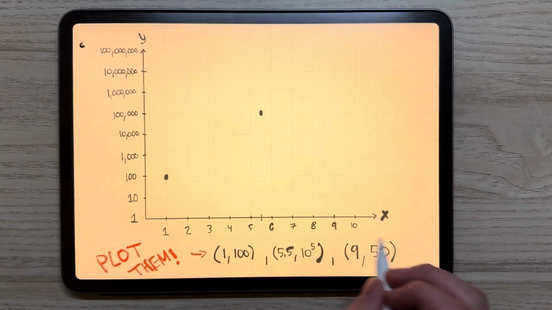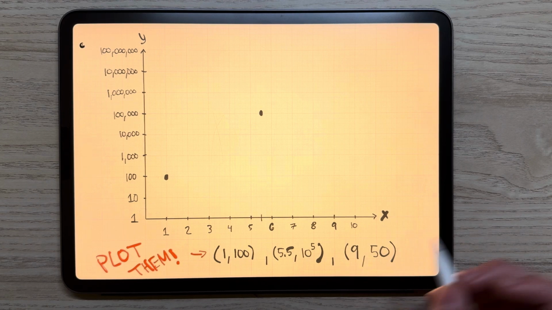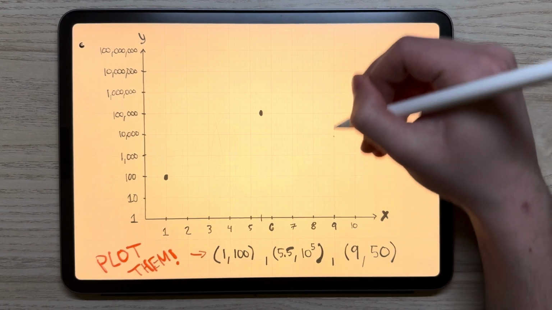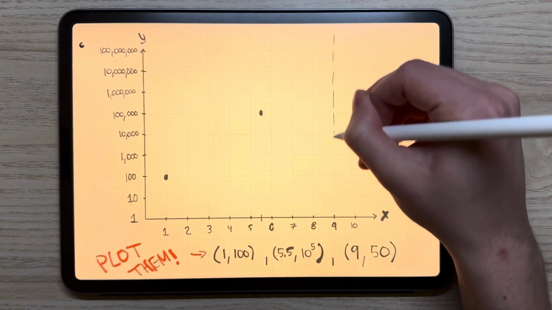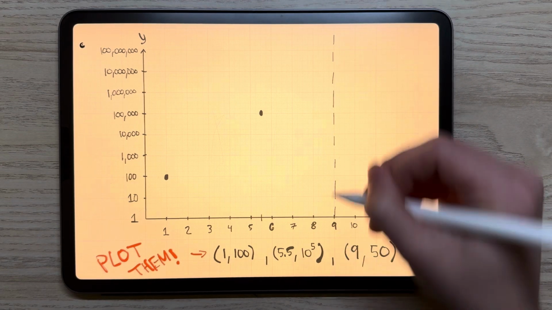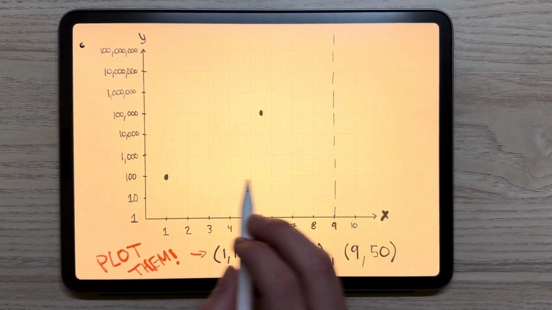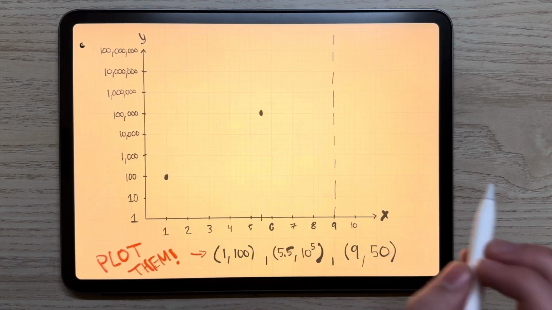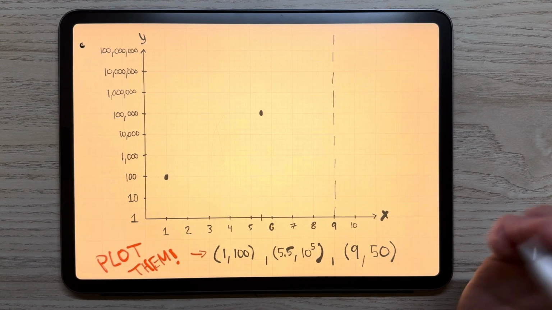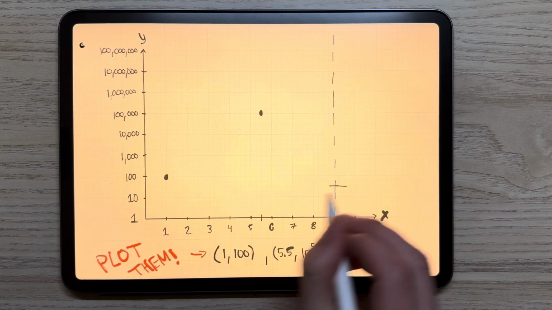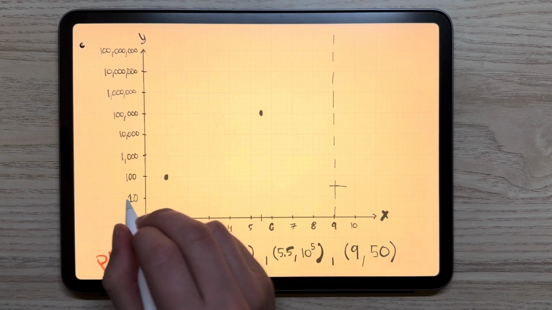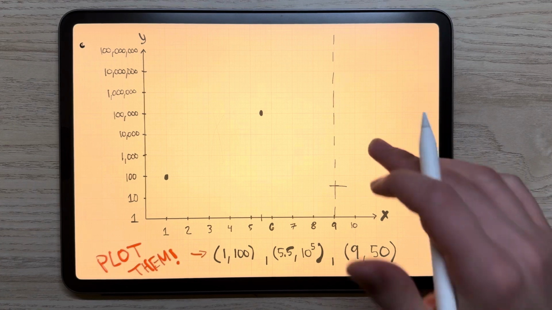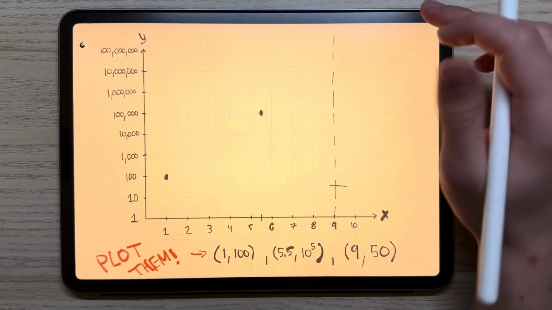Now, this one is a little tricky. So we know that the x is somewhere here because it says 9. And so it's going to be at 9. But where do we plot 50? So 50, a good guess would be right in the middle, in between 100 and 10, because it sounds like the midpoint between them.